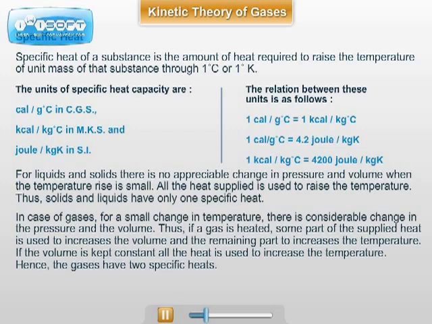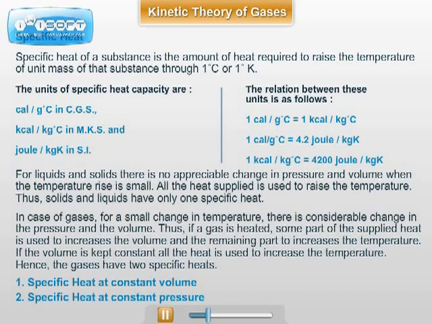If volume of the gas is kept constant, all the supplied heat is used to increase the temperature. Hence, gases have two specific heats, which are specific heat at constant volume and specific heat at constant pressure.